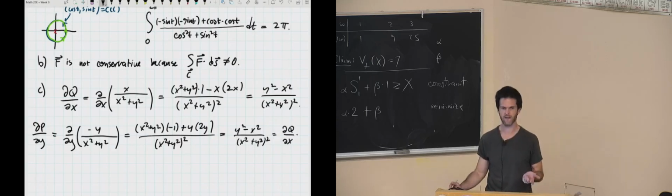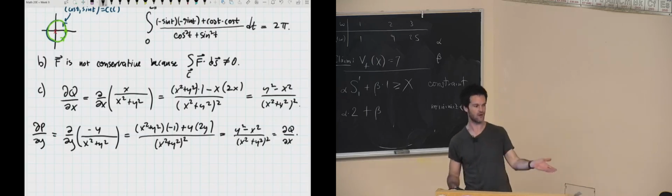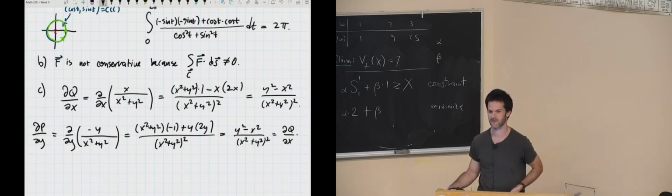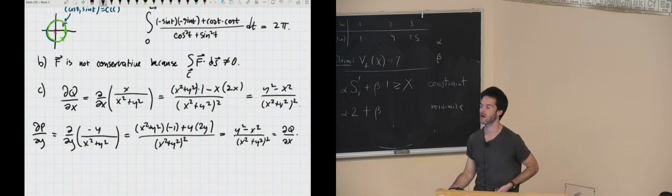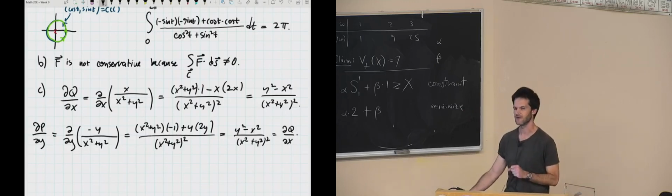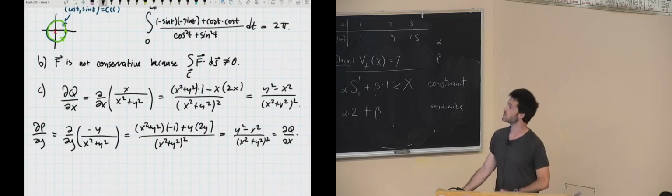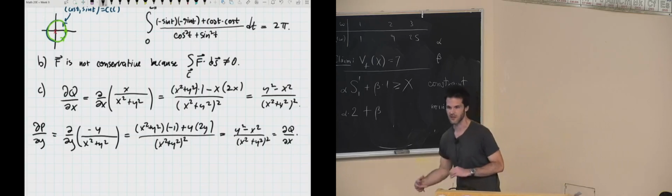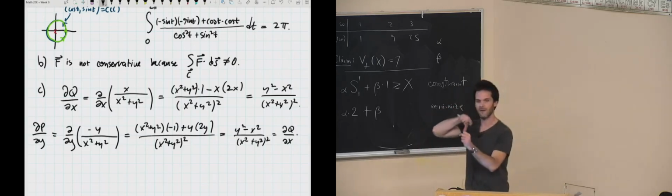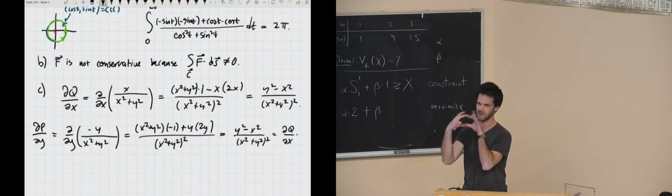So this is a counterexample to the theorem in the case that the function is not C1 everywhere. This example demonstrates why you need that assumption of C1. You can get interesting, unnatural, spooky behavior with theorems when they have singularities, particularly if the path encloses the singularity.